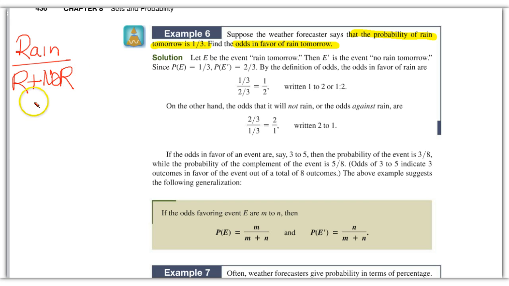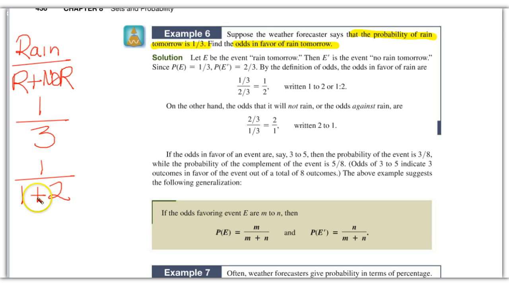So as we look at that, it's 1 out of 3, and that's going to be 1 for rain out of 1 rain plus 2 no rain.